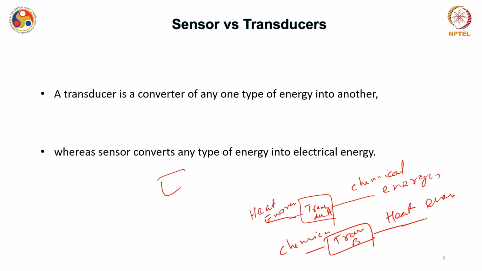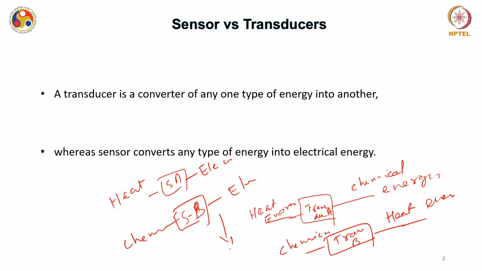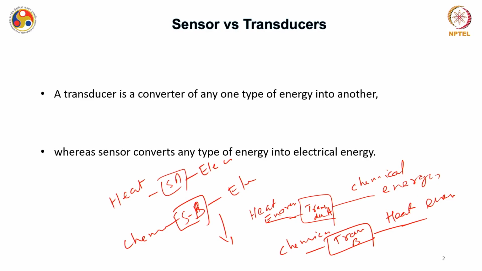If I have a sensor A or sensor B, they will convert heat energy to electrical energy, then chemical energy to electrical energy, and so on. So a transducer in a nutshell is a converter of any one type of energy to another type of energy except the electrical energy, and the sensor converts any type of energy to electrical energy. If you see this broader definition, you can say that the sensors are mostly a subset of a transducer.